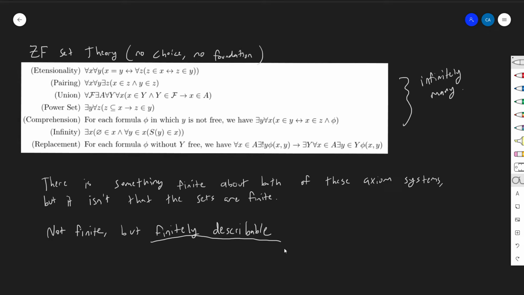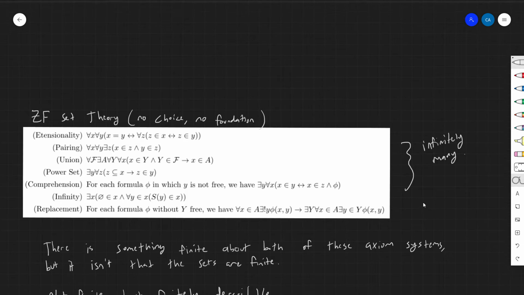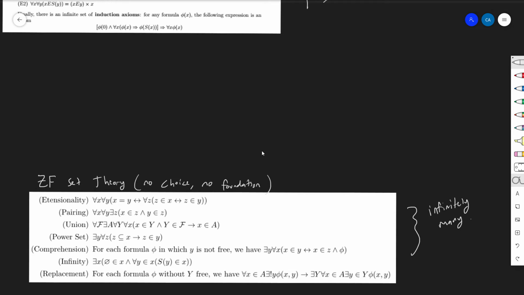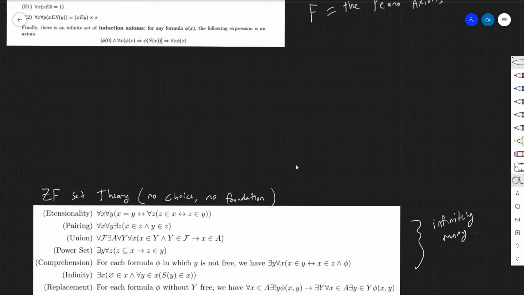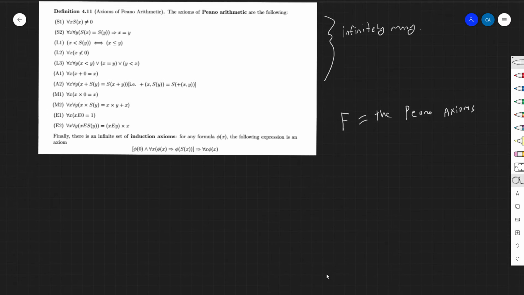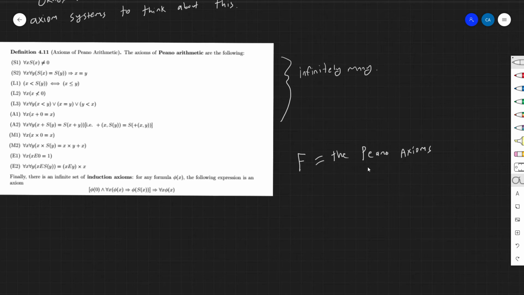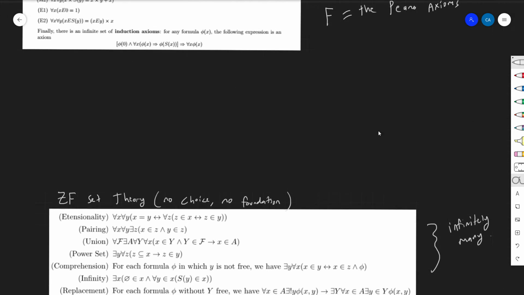A valid axiom set, a good axiom set, doesn't need to be finite, but it does need to be finitely describable. I do need to be able to write them all down on paper, in the sense that I should be able to write something down on paper from which you can extract the full list in a mechanical way. Finitely describable. That's the property we were looking for. That's the good property. That's what it really means to be an axiom set.